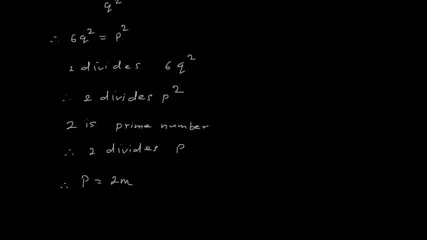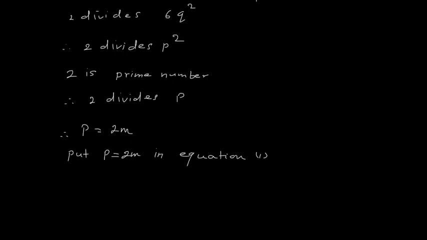Now put p equal to 2m in equation 1. Where is equation 1? This equation. So we will get 6q square will be equal to 2m the whole square. So therefore 6q square is equal to 4m square.